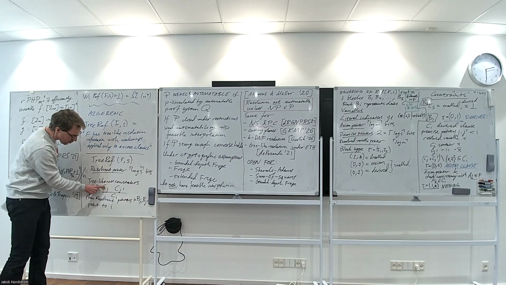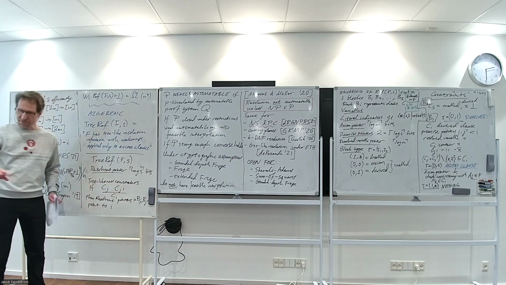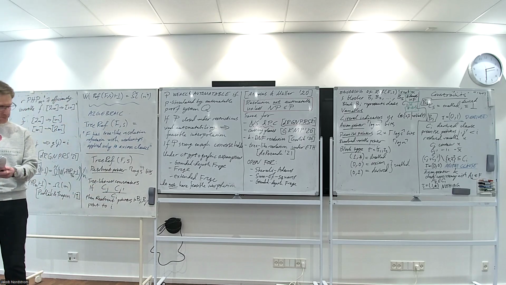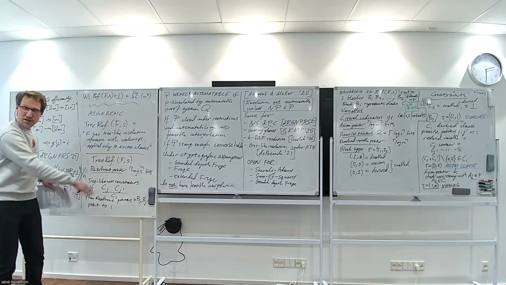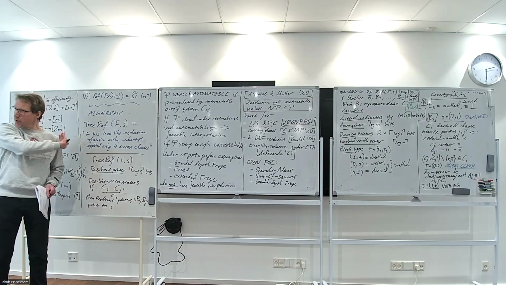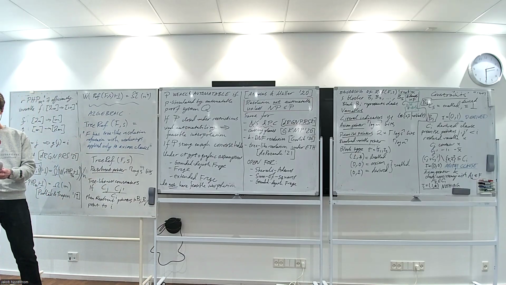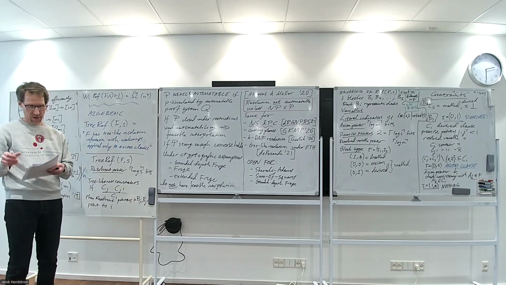Whenever I look at it, this clause was used exactly to derive this and nothing else. And again, we still have a logarithmic number of bits, and we're just adding constraints. So tree ref is like a more constrained formula, which makes it easier to refute, makes it harder to prove lower bounds.